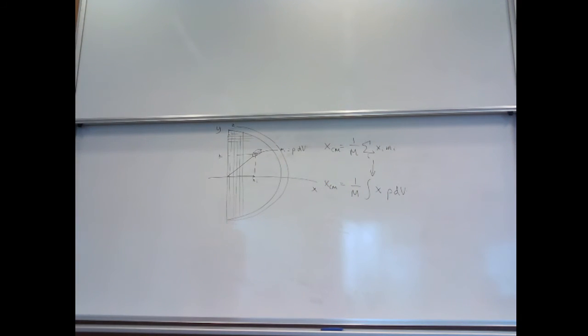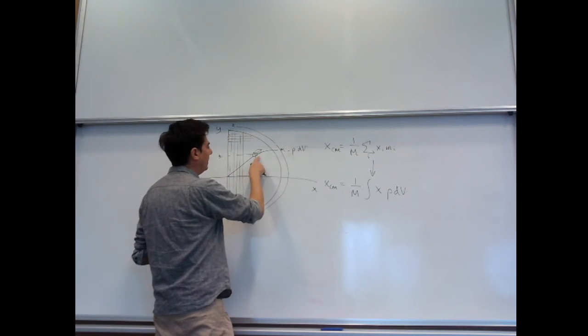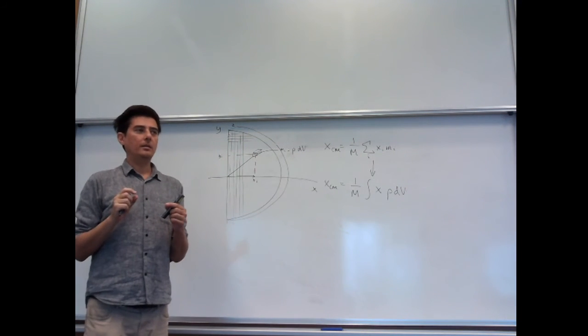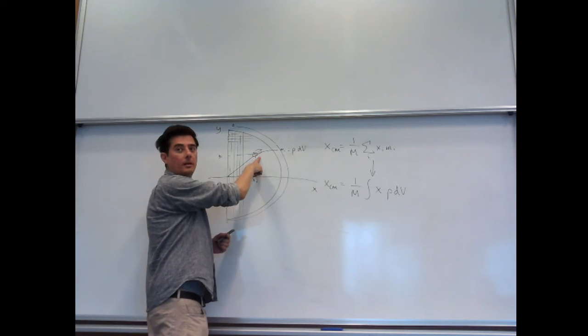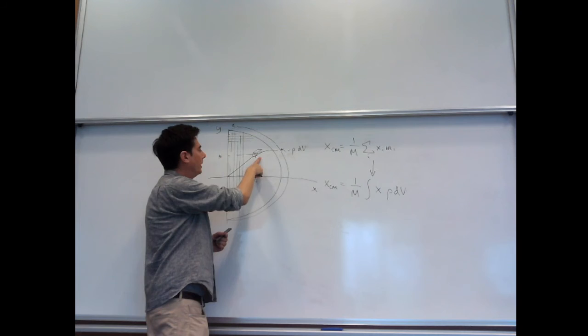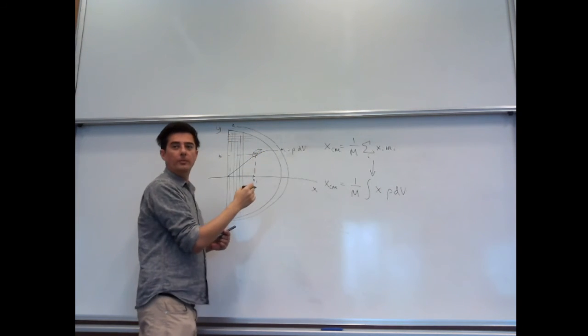Why is it density times the change in volume? Well, it's not the change in the volume. It's the small volume of this piece. Because, for example, let's say you wanted to work out what the volume of this one here was.